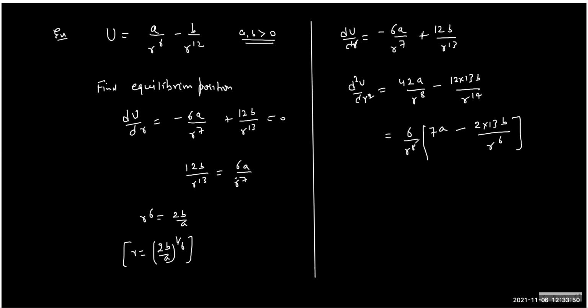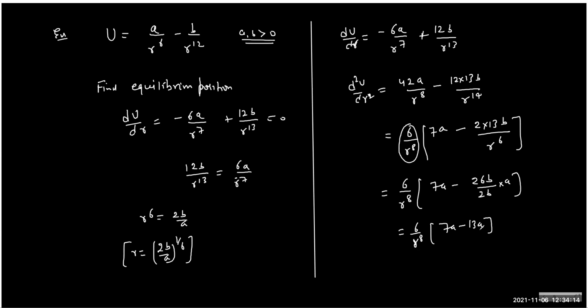Now the even power of R is positive. This is a positive number, and I just want to check the sign, so I am not bothered with the value. And R to the power 6 is 2B by A. Because A and B are positive, this is definitely negative.